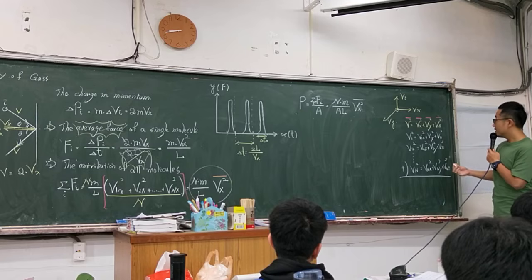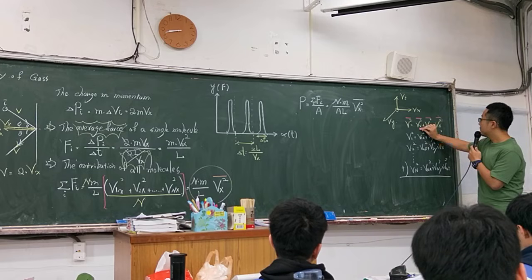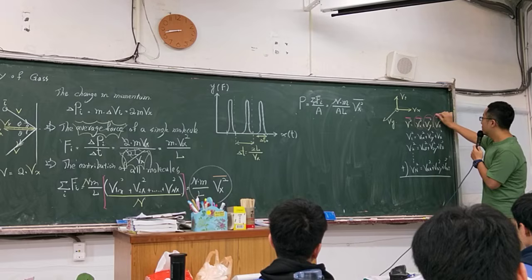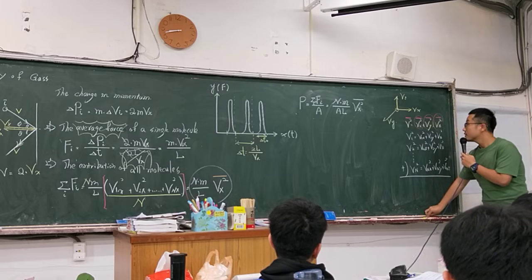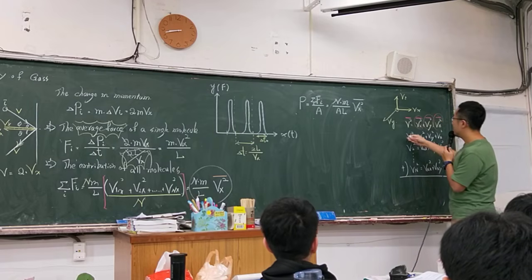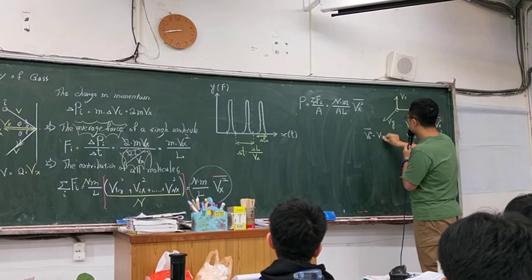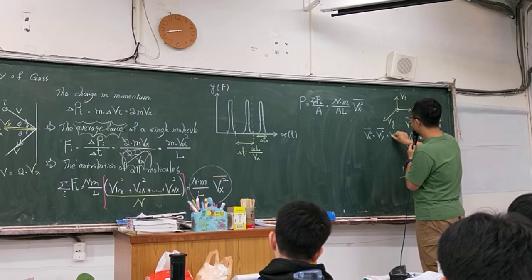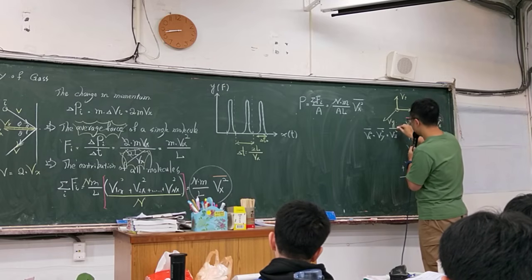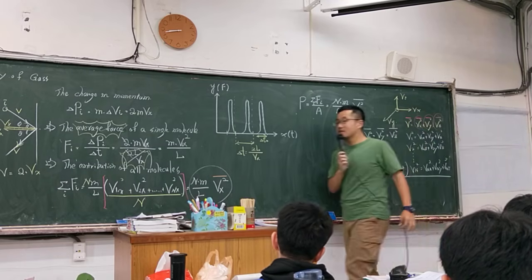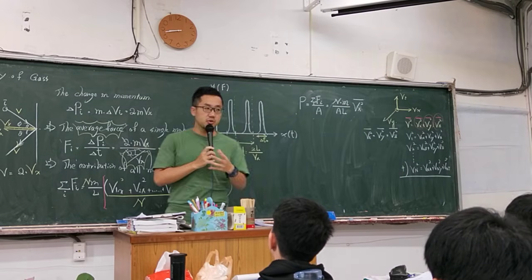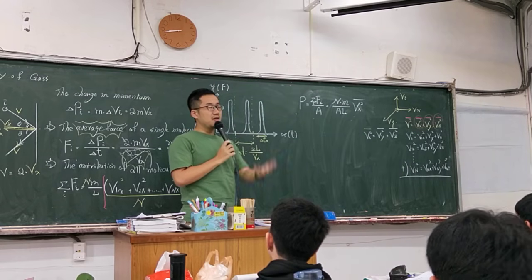And now, listen carefully. The three items should be equal to each other, like this: vx squared is equal to vy squared, and is equal to vz squared. Because inside this container, all the molecules are flying randomly.